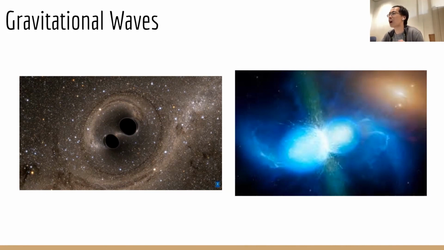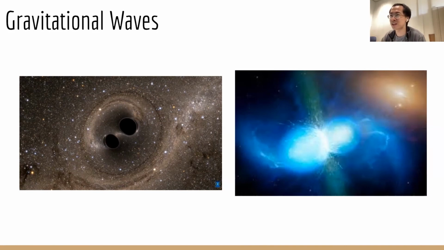Two of these objects colliding with each other also create very loud signals across the universe. And it's been determined by astrophysicists recently that these events are responsible for creating most of the heavy elements in our universe. So if you have a gold ring on your finger, or a uranium bomb in your basement, both of these things are only possible because neutron stars collided over and over again across the course of the universe and created all of these elements.